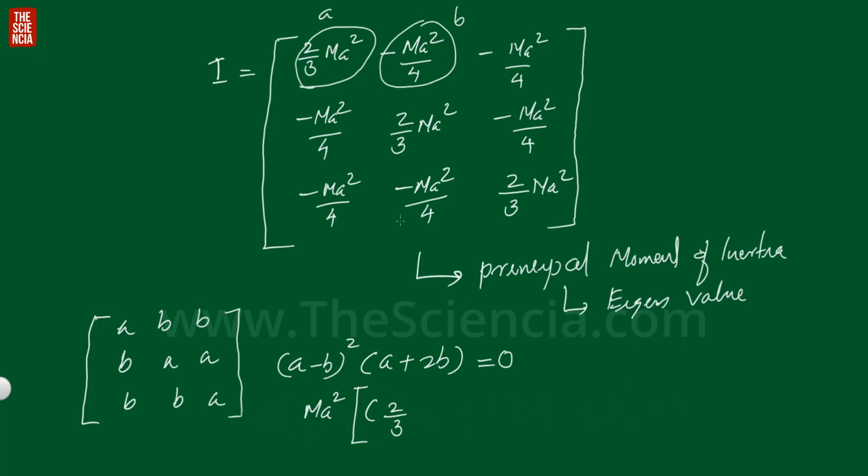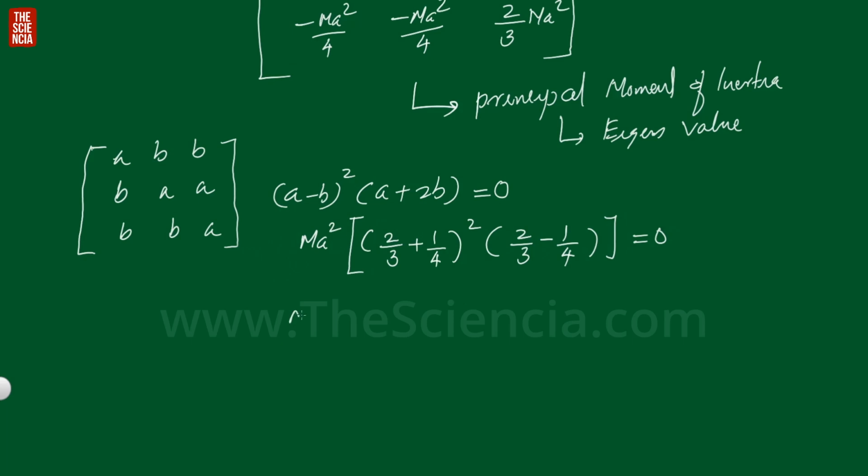Here B is minus 1 by 4. So it is plus 1 by 4 all squared into (A is 2 by 3 plus 2B, that is minus 2 by 4, that is minus 1 by 4). This is equal to 0.